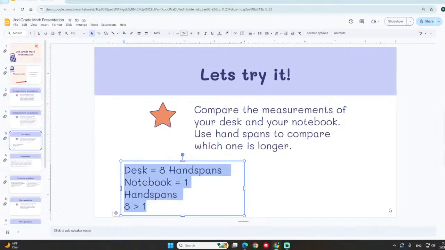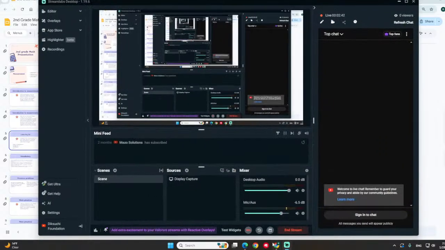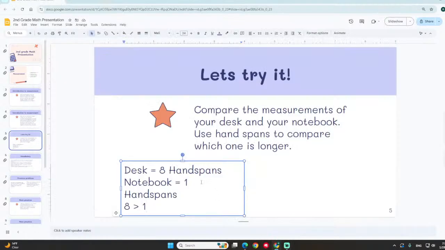So, it's also important to note something. We have to teach something else.